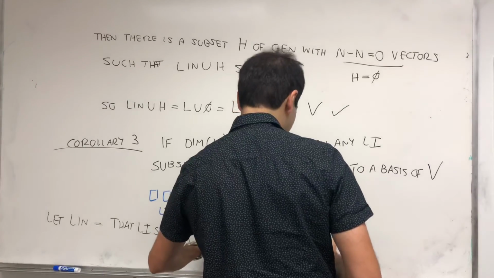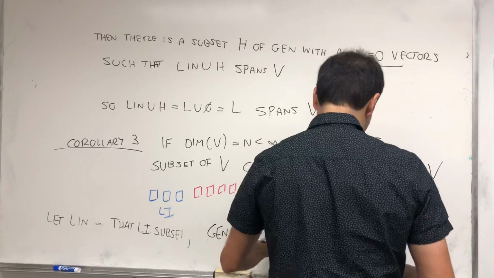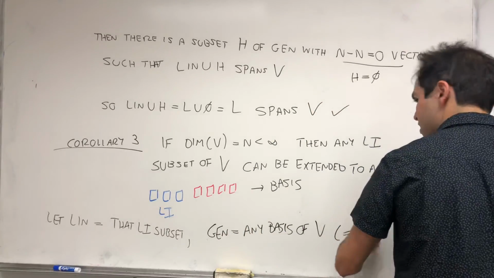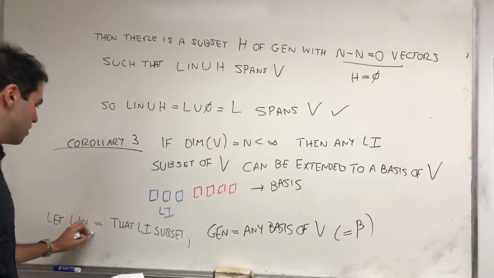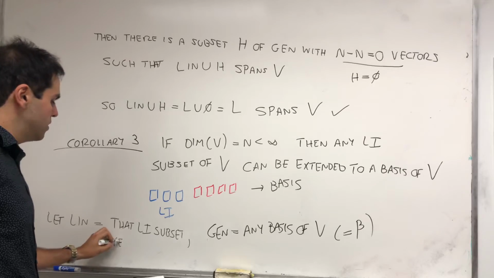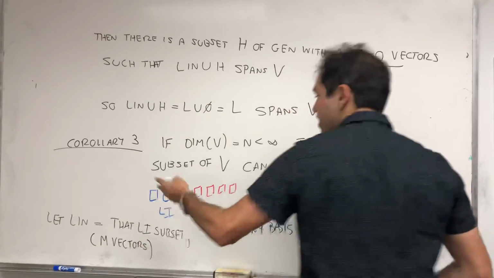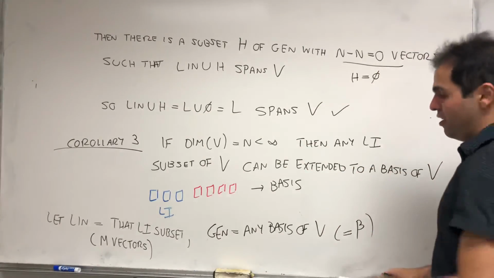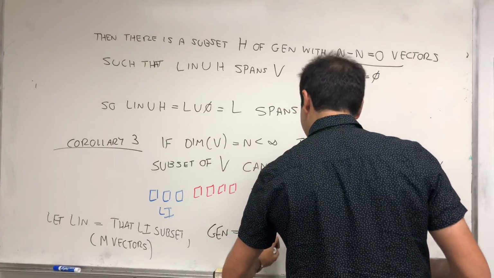So any basis of V, let's call it beta. And that linearly independent subset has some number of vectors, let's say m vectors. And we can show that m has to be less than or equal to n. And of course, any basis, because the dimension is n, has n vectors.